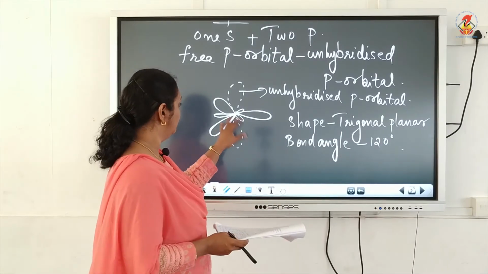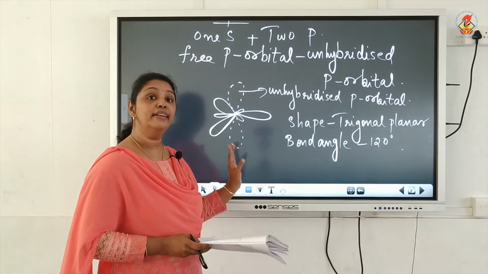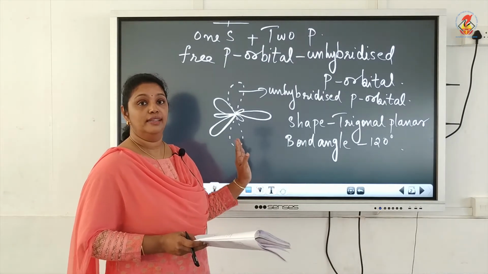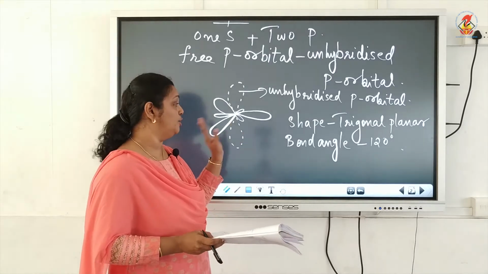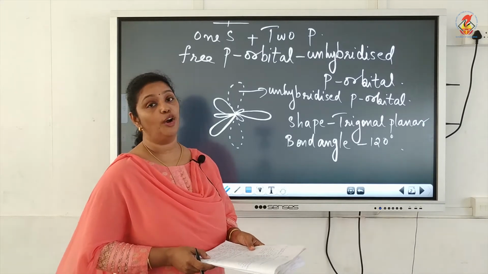So you can see the three Sp2 hybrid orbitals lie in the same plane, whereas the unhybridized p orbital is at right angles to the Sp2 hybrid orbitals. So this is the shape of the Sp2 hybrid orbital.